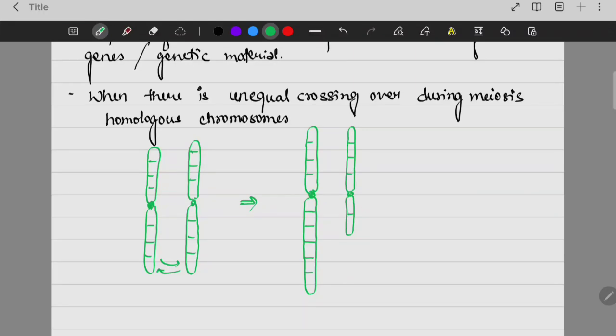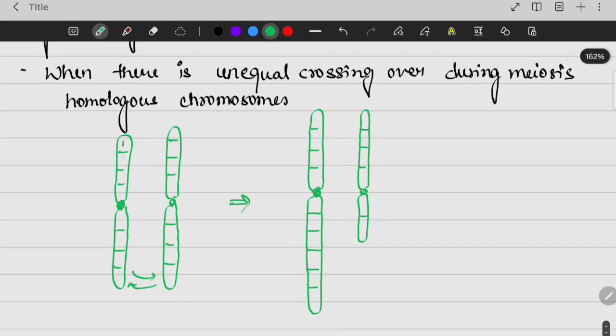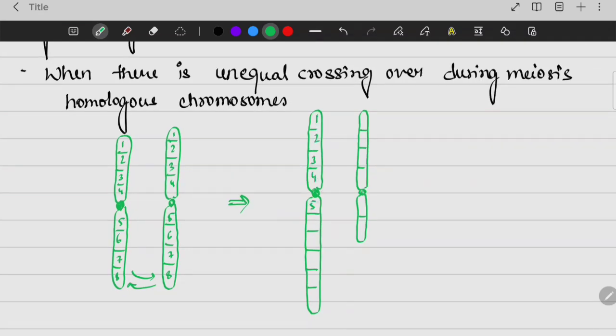If I mark these points as 1 2 3 4 5 6 7 8, and again here 1 2 3 4 5 6 7 8, after crossing over I can see 1 2 3 4 5 6, again 5 6, and 7 8. So here this point is getting duplicated. So this is the duplicated chromosomal part.